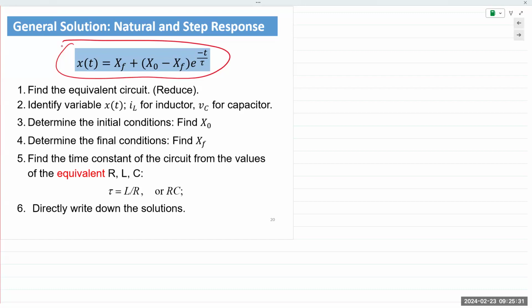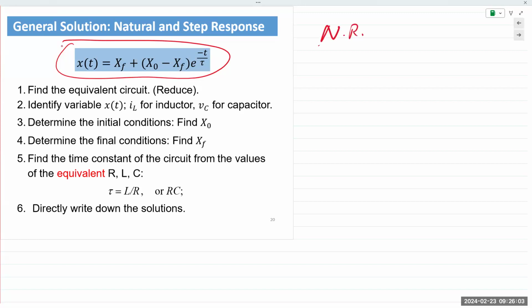So in that case, what would be our final value? Natural response, stored charge, source is removed, then the energy is just being discharged completely. What is the final value? Zero. So you plug in xf equal to zero.